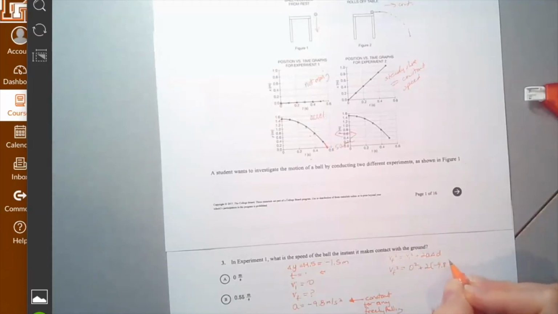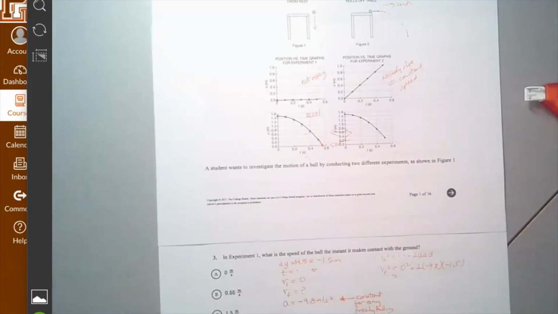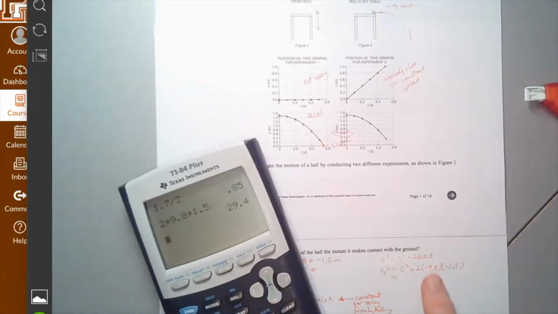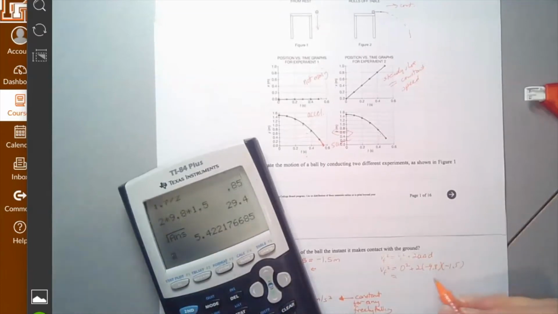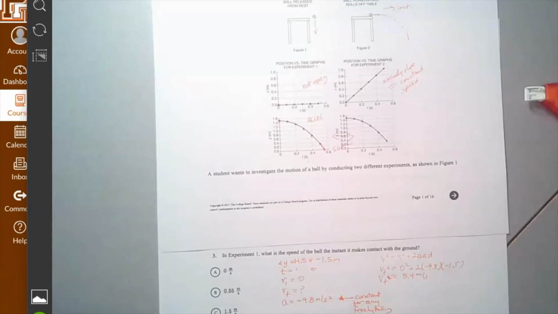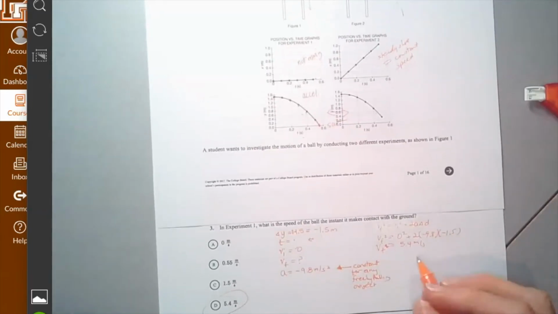Acceleration is negative 9.8. This is negative 1.5. So we've got 2 times 9.8 times 1.5. I left out the negatives because they cancel. Then take the square root, and you get 5.4 meters per second. So there we go. Done.